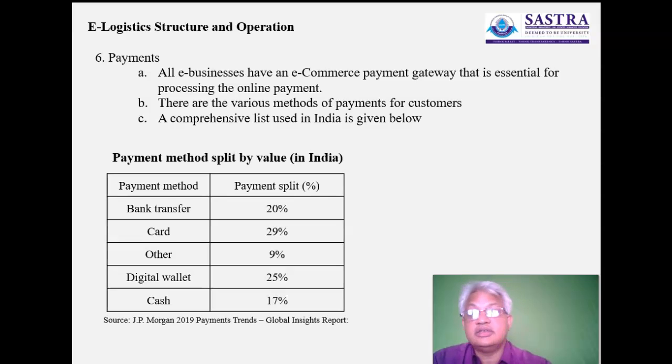This is followed by bank transfer. You can use an EFT by opening an online account. This is followed by digital wallet, that is through UPI. You can use Paytm, you can use Google Pay, or cash on delivery. That is the last part, that is cash. So if you see here, in India predominantly, there is an increase in the use of cards and digital wallets in payment.